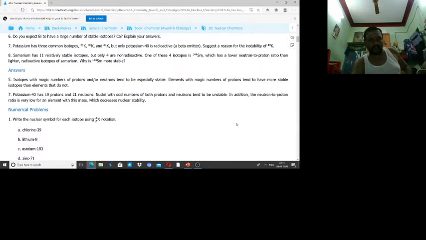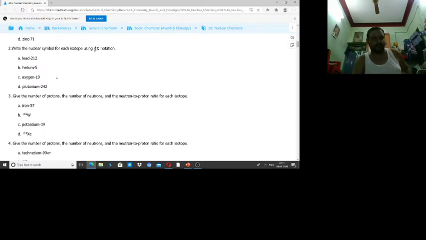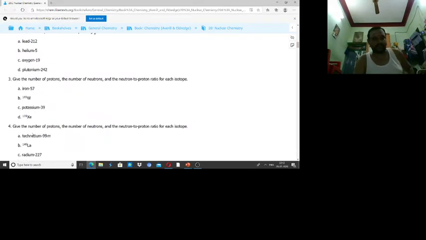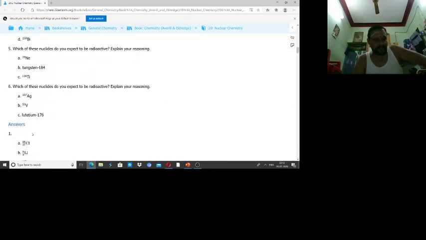Listen, there are plenty of solved problems they are having. Write the nuclear symbol for each isotope using notation, like the number of protons, number of neutrons, and NP ratio for each: iron 57, tungsten 158, potassium 39. They are giving the exercise with the answers.